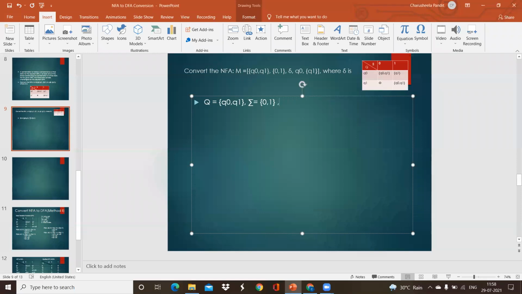Okay. And your capital F, that is the set of final states, is nothing but Q1. And Q0 is your initial state. So the resultant DFA will be, you can denote it as M dash.